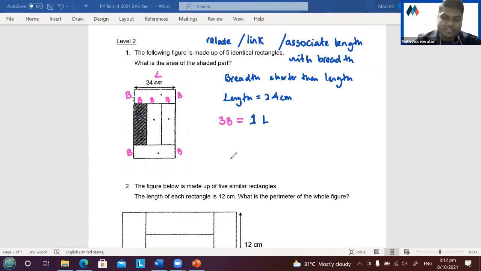So now you know 1 length is 24 cm. So write that down: 3 breadth equals 24 cm. So if 3 breadth equals 24 cm, can you find out what is 1 breadth? 1 breadth equals 24 cm divided by 3. You'll get 8 cm.